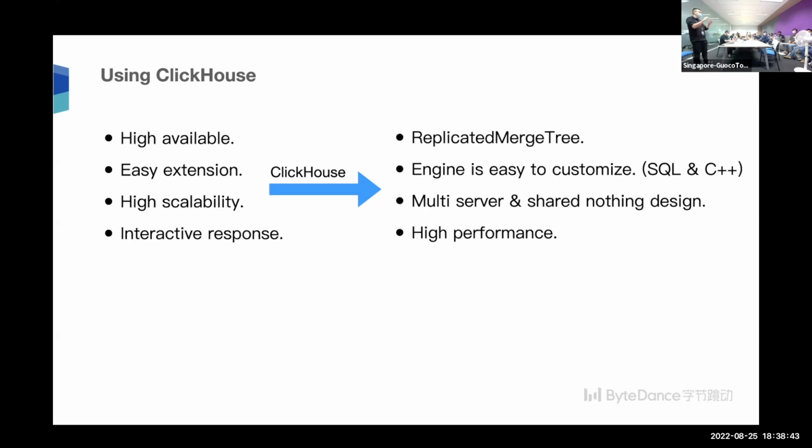We don't use a master-slave architecture, so it's easier to scale the cluster. And the last one is a killer feature: the performance of ClickHouse is extremely good. So these are the reasons ByteDance chose ClickHouse for interactive analytics internally.